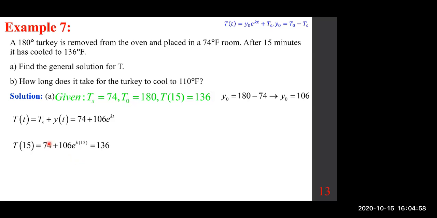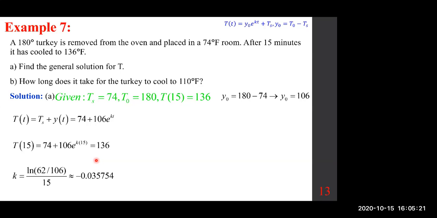Subtract the 74, divide by 106, take a natural log. So there are a couple of steps here. I'm going to leave it for you to finish. You can do that because I've done a number of those, and this is all intermediate algebra. So from here to here, there are a couple of steps, class, okay? So that shouldn't be a problem.